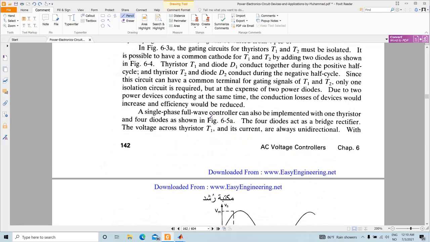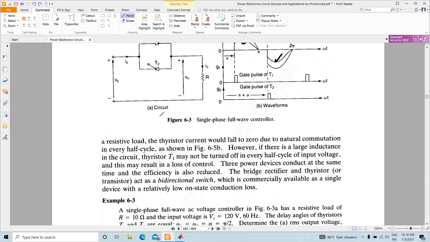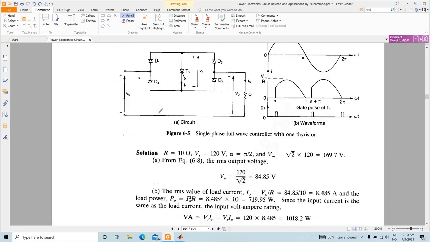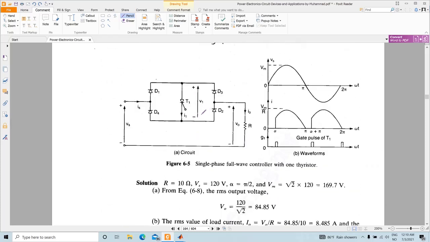There is another arrangement that can be used if you want to use one thyristor: you can have a bidirectional control using one thyristor with a four-diode arrangement. In this arrangement, for the positive half cycle, the current will flow through diode D1 and through thyristor T1.